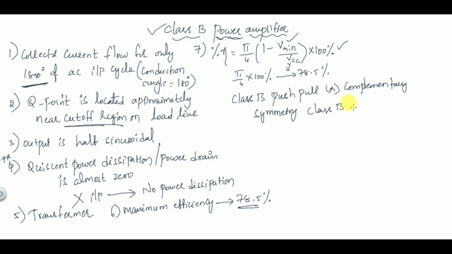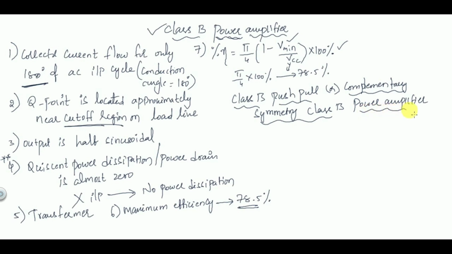So both the names represent the same thing: class B push-pull amplifier or complementary symmetry class B power amplifier. Okay, so this is the second kind of class B power amplifier which we have.